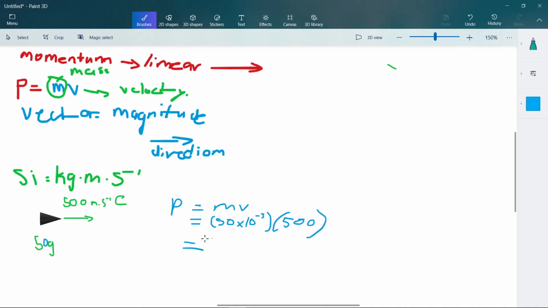The momentum of this bullet is 25 kg meters per second. And don't forget the direction, because this is a vector quantity. The direction is the direction of its velocity, so it will be east.